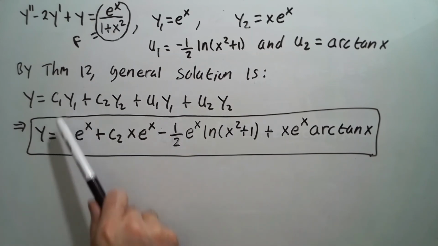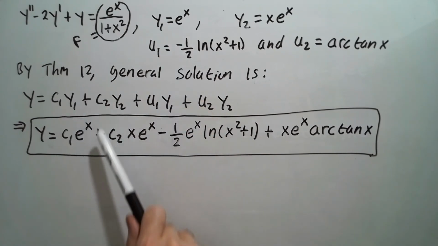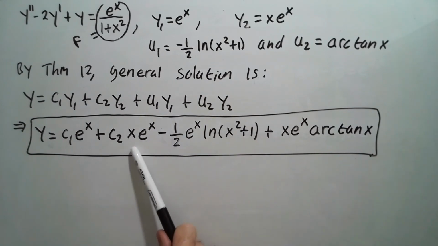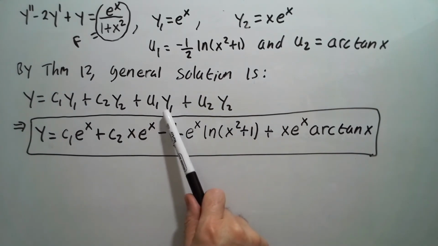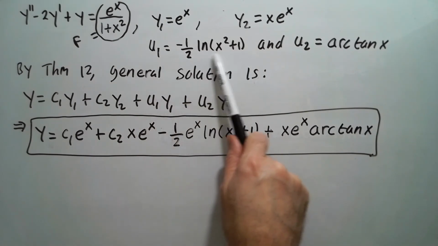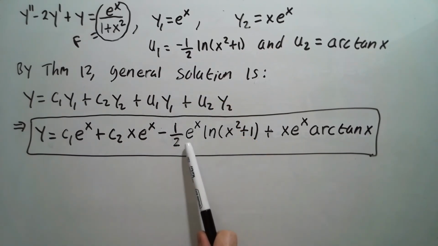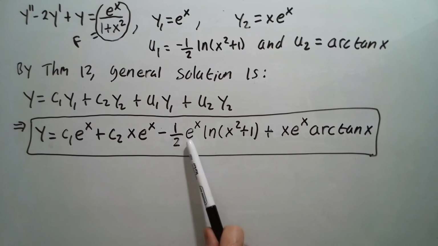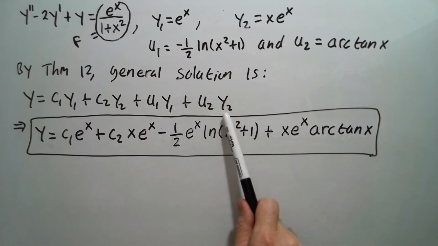So it'll be c1 times e to the x, plus c2 times x e to the x, plus u1 y1. My u1 is the negative 1/2 ln, and my y1 is e to the x. I'm putting the e to the x in front of the ln just so it looks nicer. So it'll be negative 1/2 e to the x ln of x squared plus 1, then plus u2 y2.